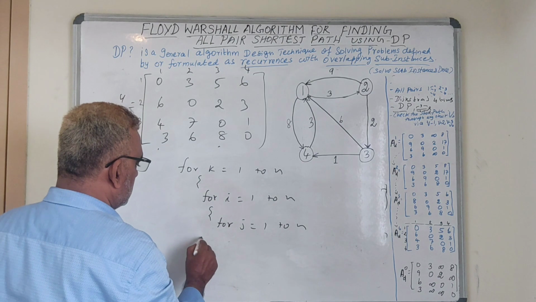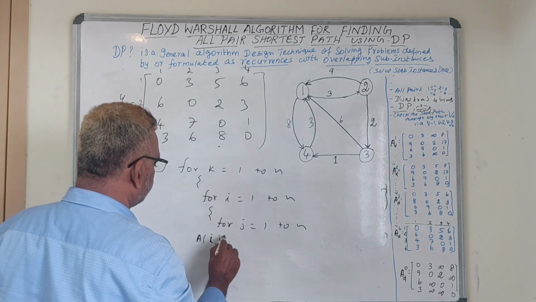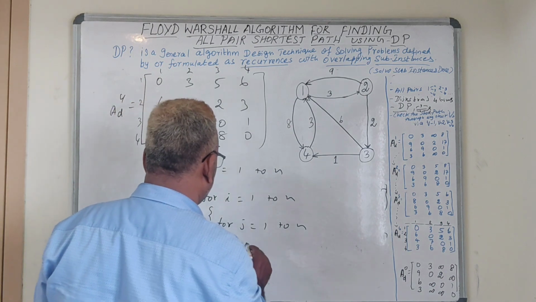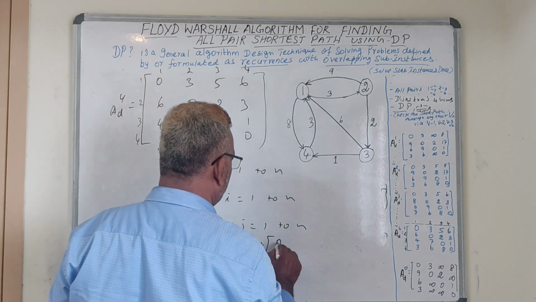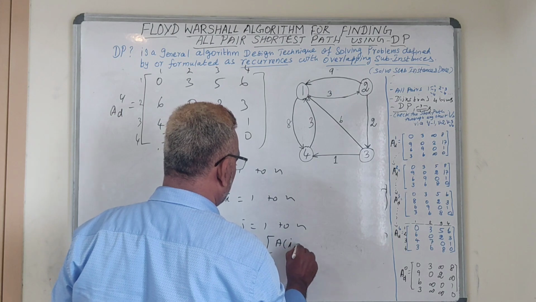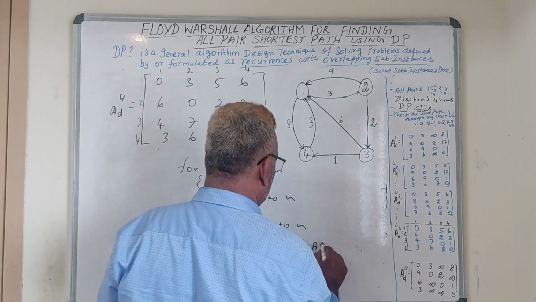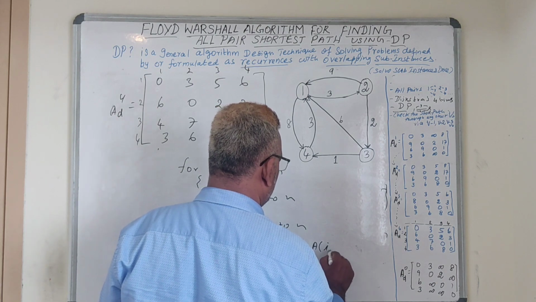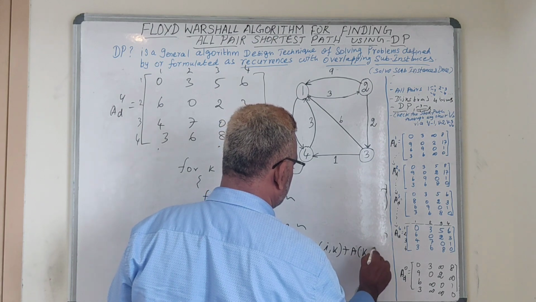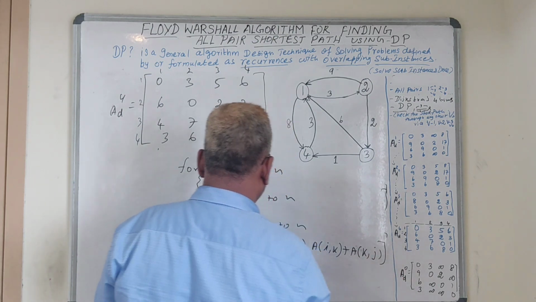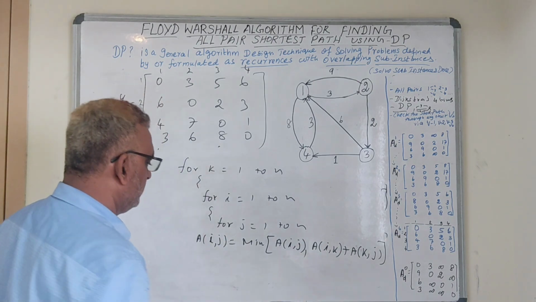Inside it you calculate a of i comma j as the minimum of a of i comma j, and a of i comma k plus a of k comma j. Take the minimum value of this and assign it as a of i comma j.